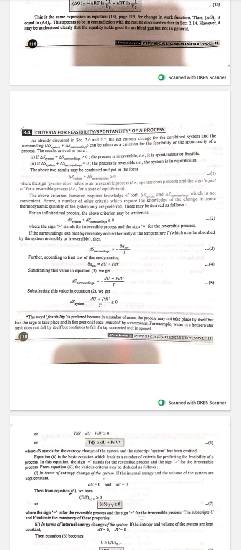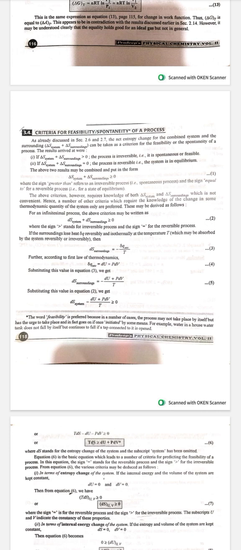The above criteria, however, require knowledge of both delta S system and delta S surrounding, which is not convenient. Hence, a number of other criteria, requiring knowledge of the change in some thermodynamic quantity of the system only, may be referred to for an infinitesimal process.